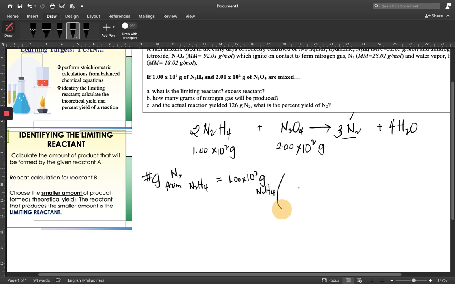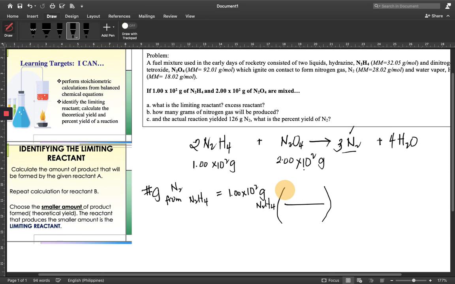And we convert it into the number of moles by using its molar mass as our conversion factor. Now, in the problem, the molar mass is already given. That's 32.05 here, grams per mole. So we have to cancel out grams of N2H4.